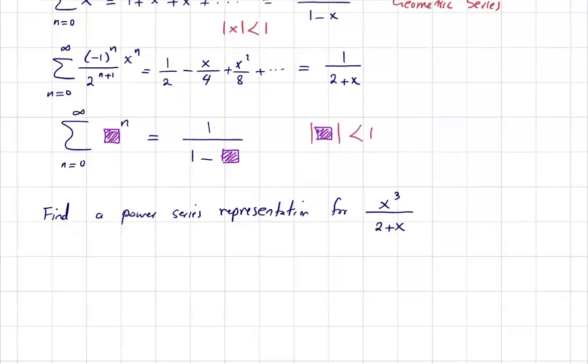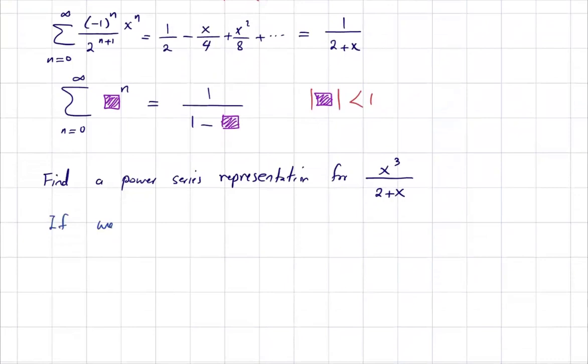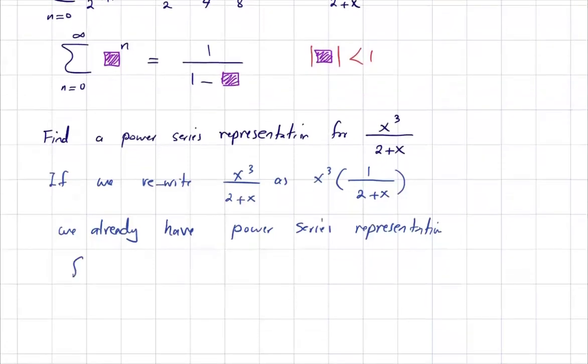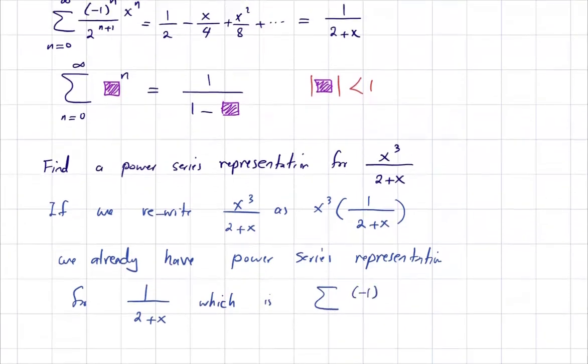First of all, if we rewrite x cubed divided by 2 plus x as x cubed times 1 divided by 2 plus x, we already have power series representation for 1 divided by 2 plus x, which is the summation of, on top, we have -1 to power n, x to the n, divided by 2 to power n plus 1, and start from 0 to infinity.